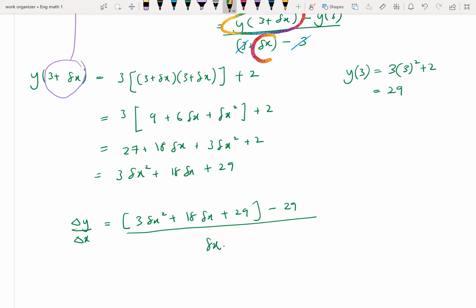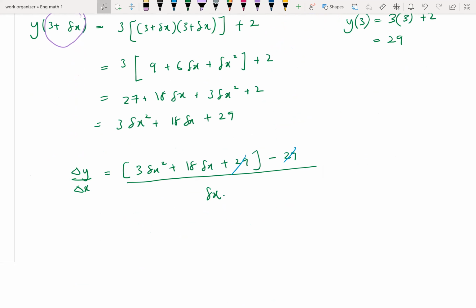We can cancel out 29 and 29. We can factorize the delta x outside: delta x times 3 delta x plus 18. Then this one is over delta x, so we can cancel out here and here.